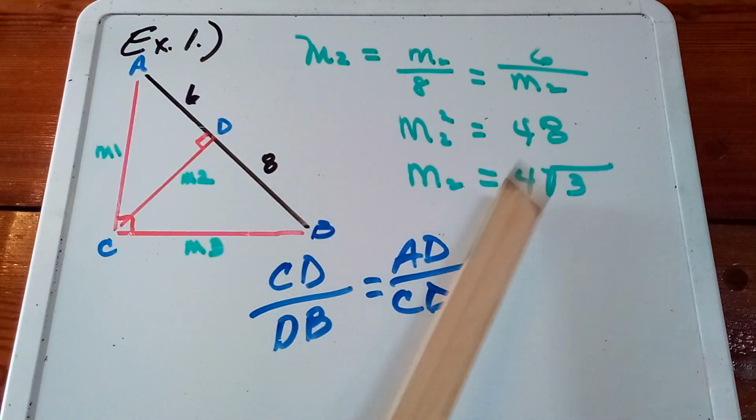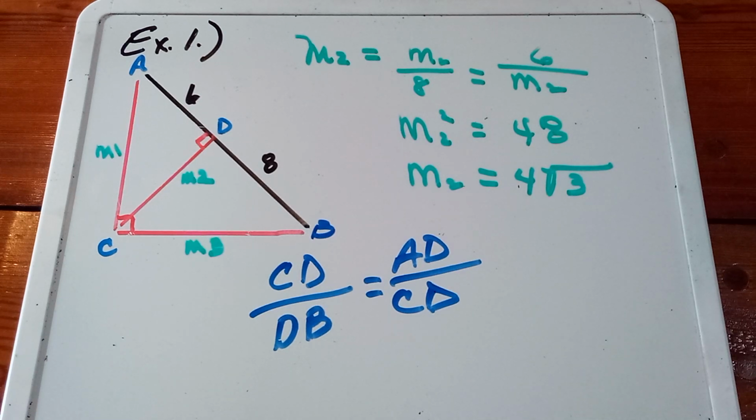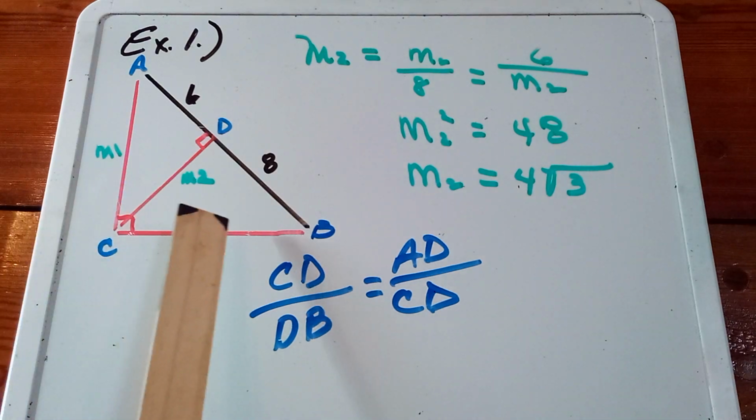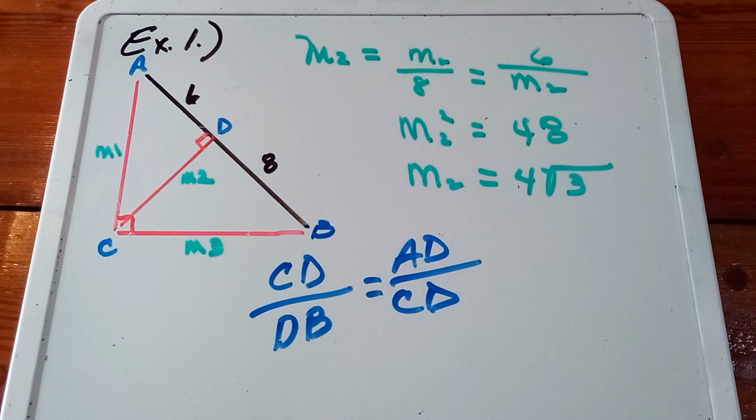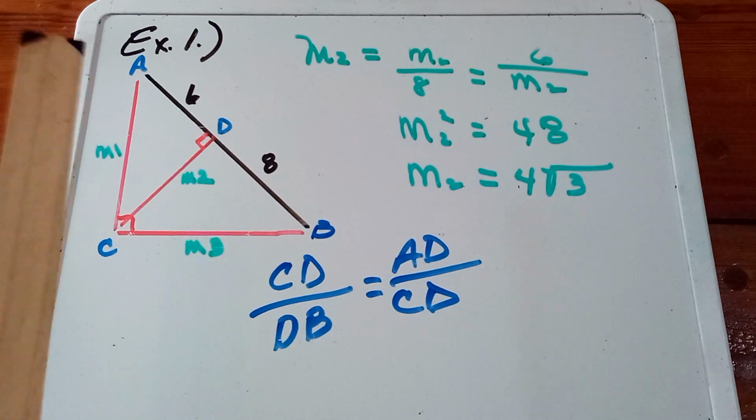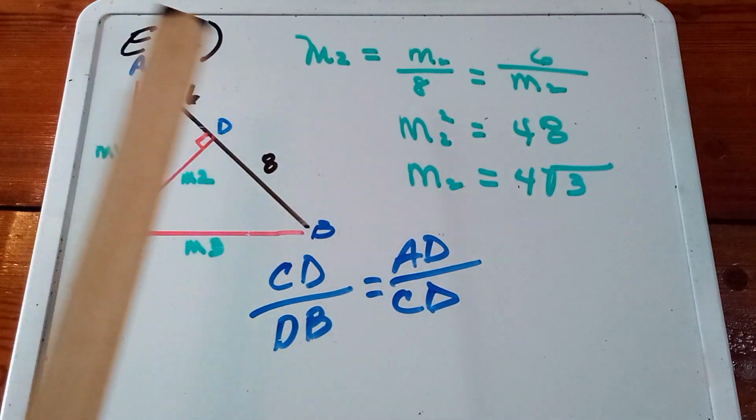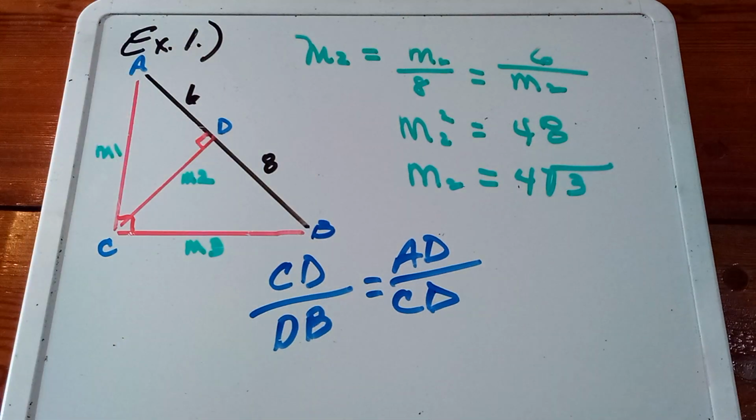Again, if you don't see how we end up with that, leave a comment and I will explain it. Next up, we're going to show an example where instead of solving for the mean, we know the value of the mean, and we're going to solve for the distance of another leg.